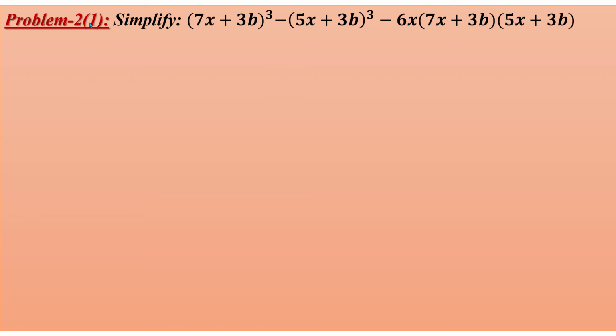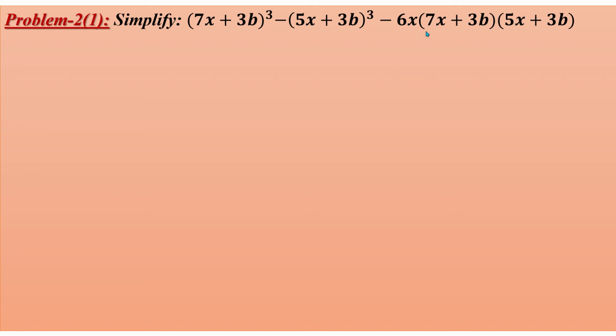Problem 2.1. Simplify 7x plus 3b whole cube minus 5x plus 3b whole cube minus 6x into 7x plus 3b into 5x plus 3b. That means a cube minus b cube minus ab, but a plus b is absent.